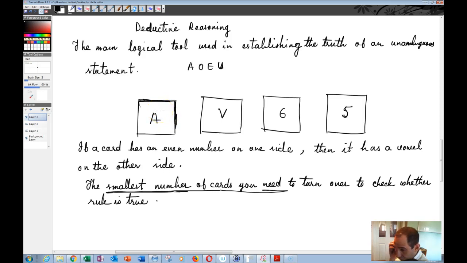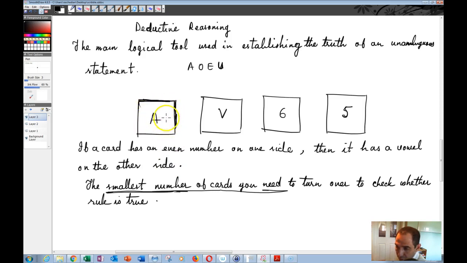And I have a vowel over here, and what that means is that on the other side of this card, if I have an even number, over here, so it says that if the card has an even number on one side, then it has a vowel on the other side.